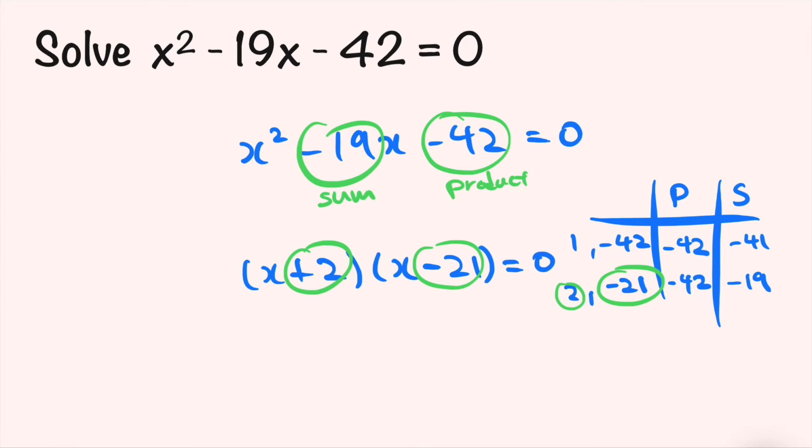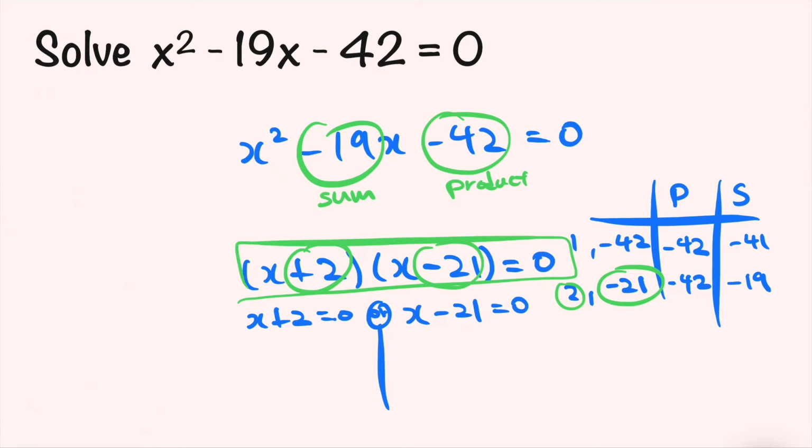We need either x plus 2 to be equal to 0 or x minus 21 to be equal to 0 in order for this equation to be equal to 0. For x plus 2 is equal to 0, we can minus 2 on both sides of the equation. Plus 2 and minus 2 become 0. So we have x is equal to negative 2.